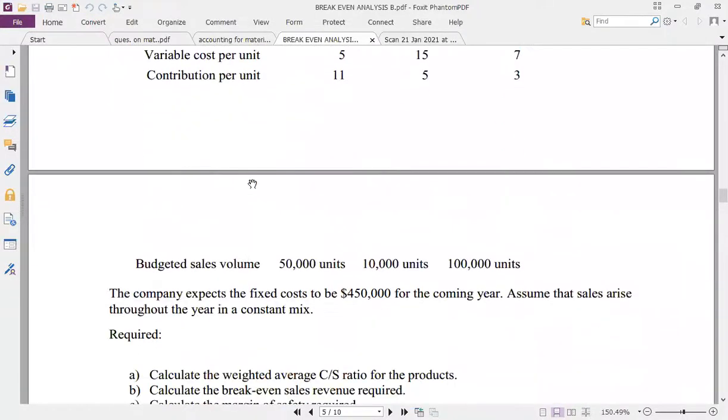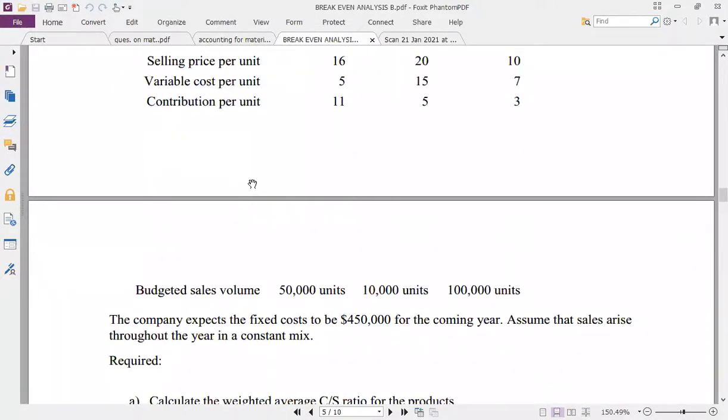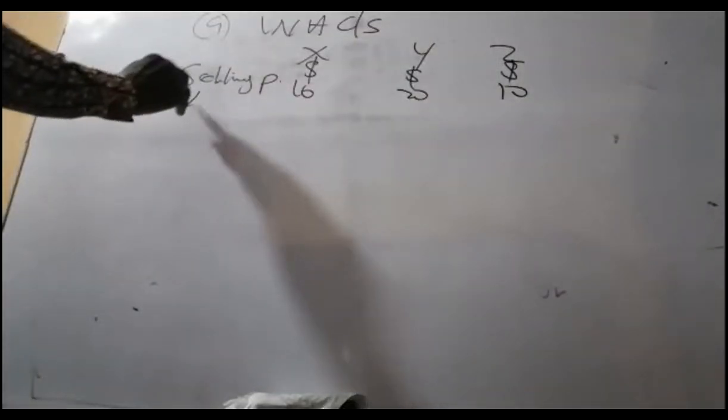The selling price happened to be 16, 20, and 10. So 16, 20, and 10. I'll go to variable cost quickly. If it was done already, we could have just picked it, but let's still go ahead and solve it.